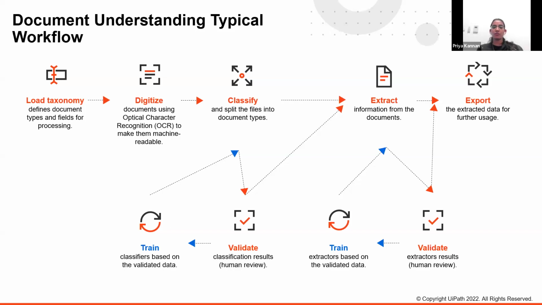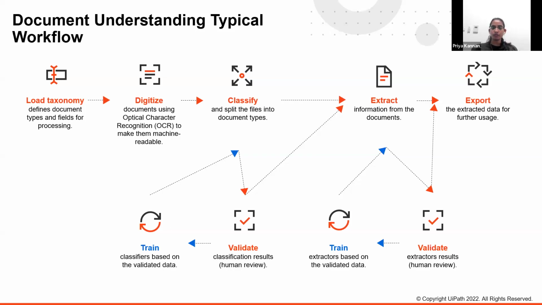Then we classify. We can have multiple types of documents, right? You want to know which type of document it is, and based on that classification, you extract the specific information. You have things to extract from an invoice, and you cannot extract the same information from a check. So we need to know which document we want to classify and identify its type, and then we extract.